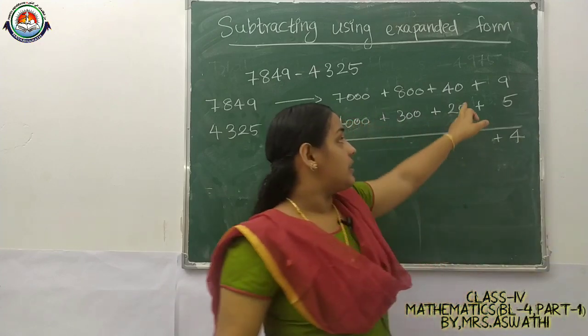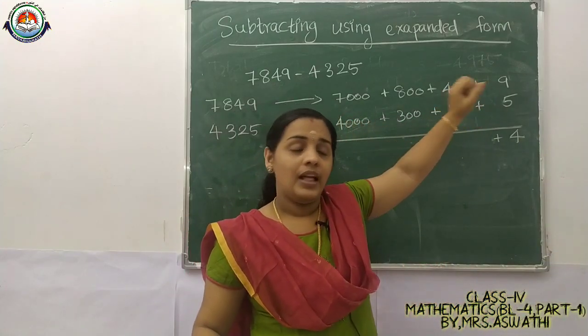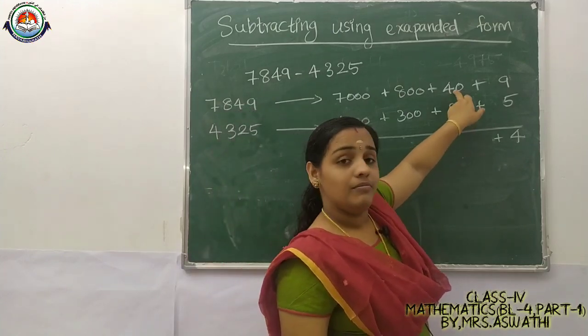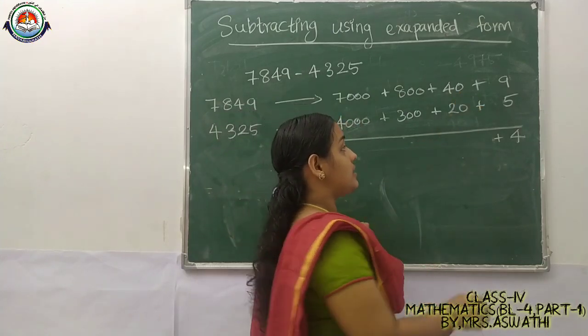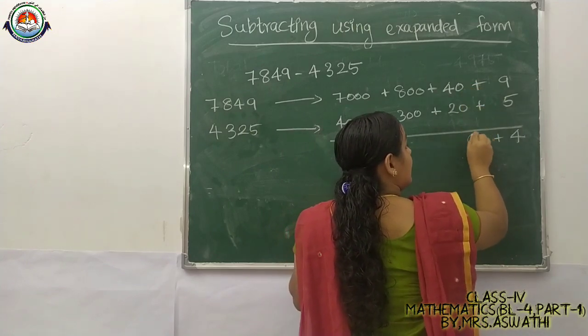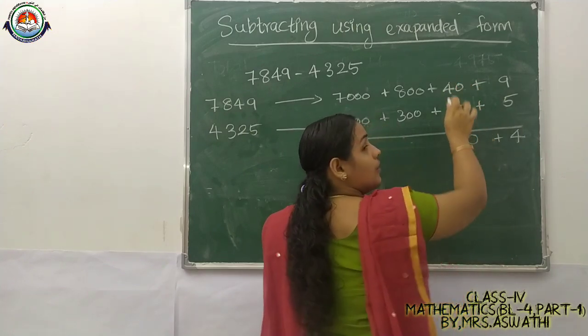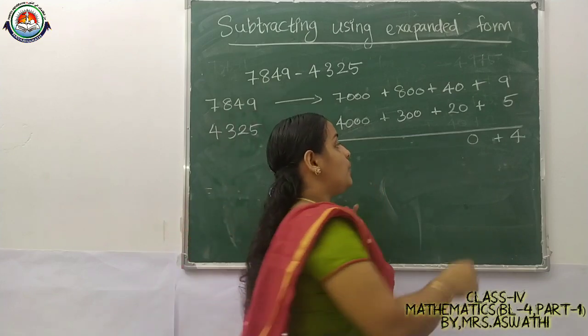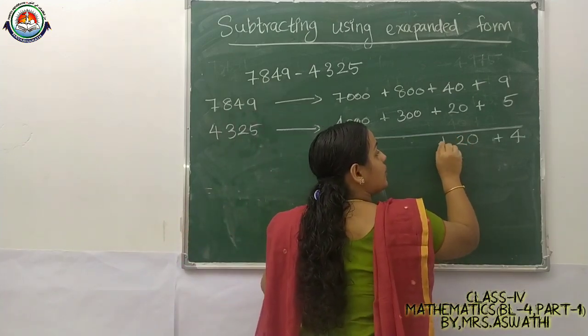Then we subtract 20 from 40. Which is the answer? First we write 0 here and subtract 2 from 4. 4 minus 2, the answer is 2. So we get 20 here.